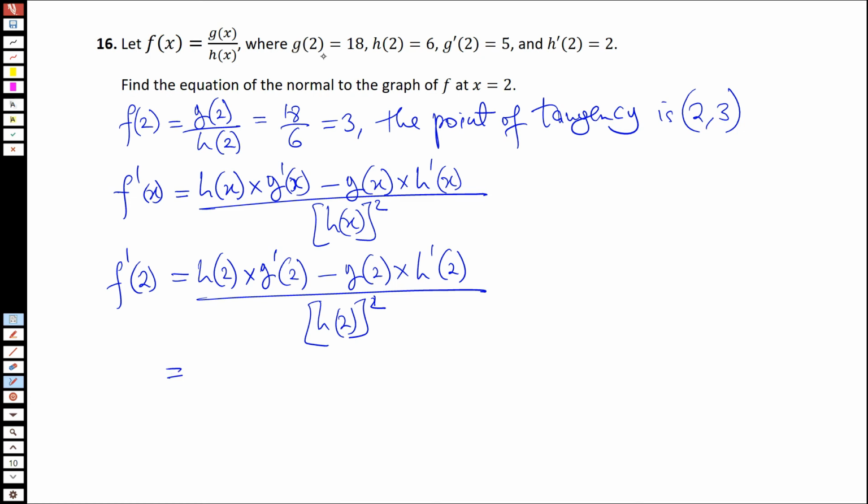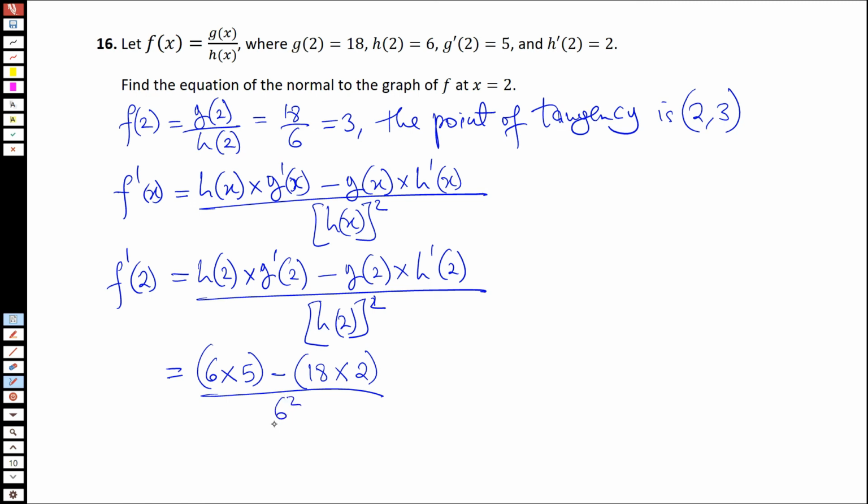So if you plug in these values, h of 2, it's given in the question, is 6. So 6 multiplied by g dash 2, which is 5, minus g of 2, which is 18, multiplied by h dash 2, which is 2, over h of 2, which is 6, squared.